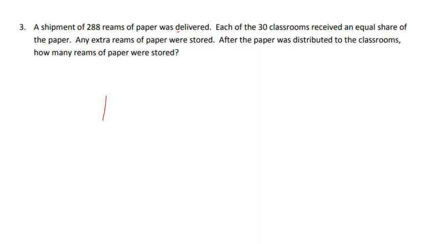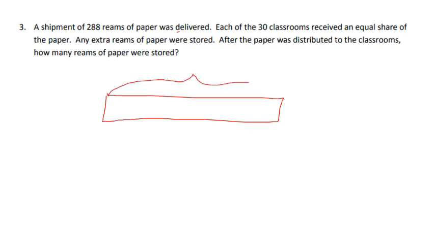So we can see by a tape diagram, the total reams was 288, and it says that there were 30 classes. The first thing we have to solve for is how much was in each class, and then we're looking for how much was remaining.